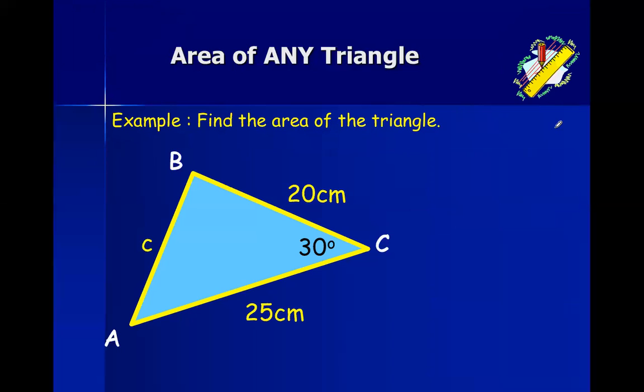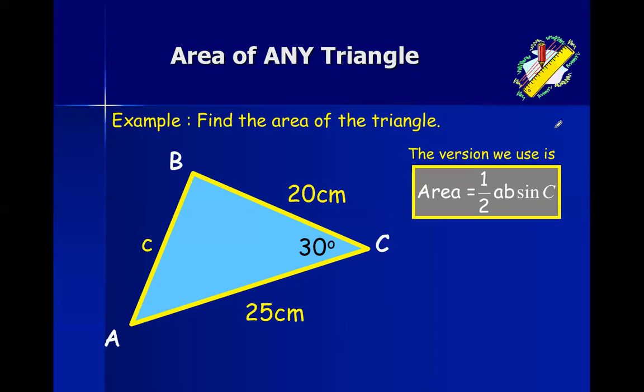This time I've got small a is 20 centimeters, small b is 25 centimeters, and the angle associated with C. So I'm going to do half of a times b times sine 30. Remember, this is small a. You can write it on if you want, and then small b. I've seen people doing that. At least they don't get confused, so they know what is a, what is b, and then sine 30.